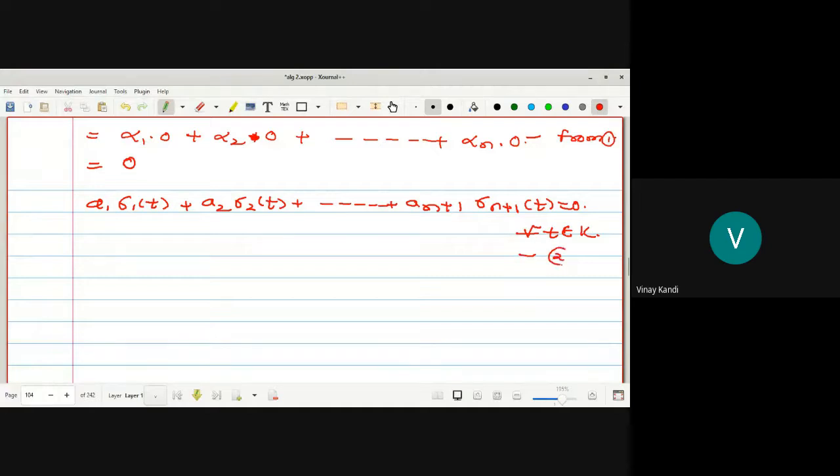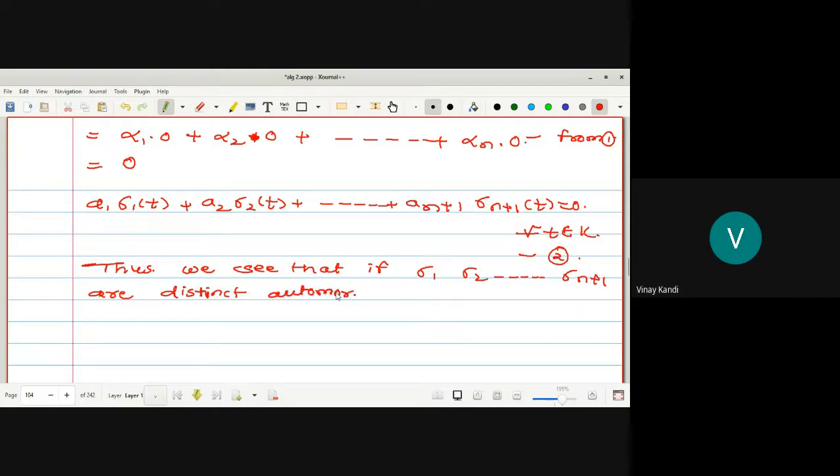Thus, we see that if sigma 1, sigma 2, up to sigma n plus 1 are distinct automorphisms of K, then what is the value of a1, a2, up to an plus 1?